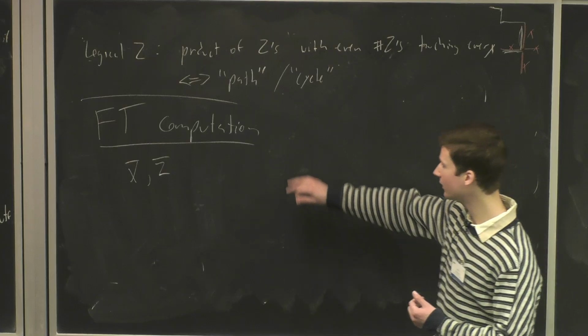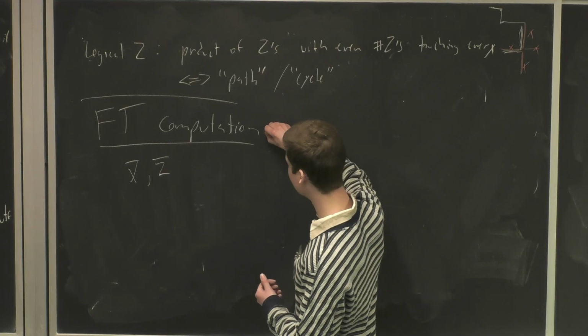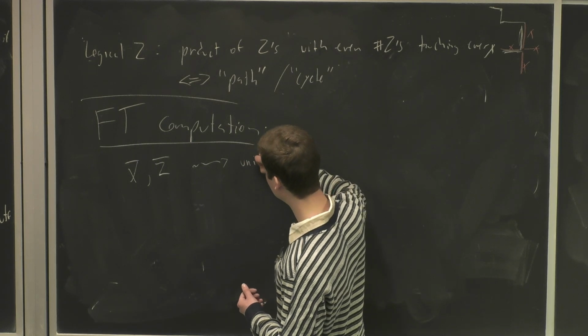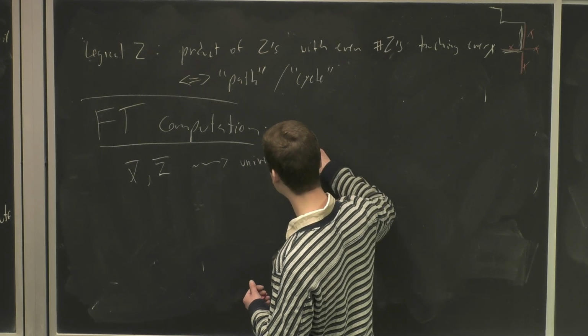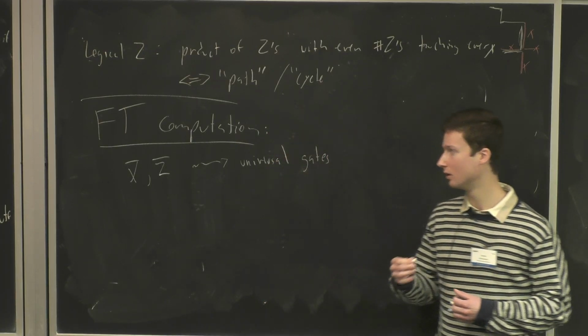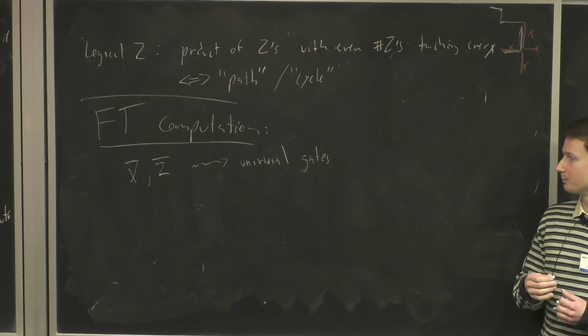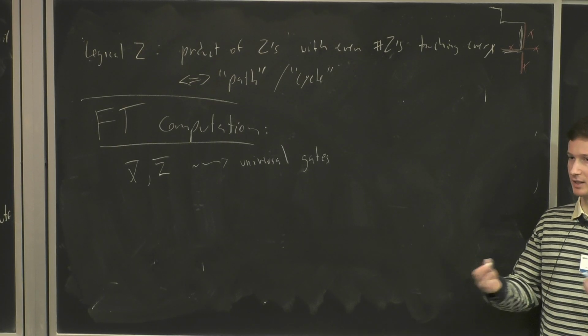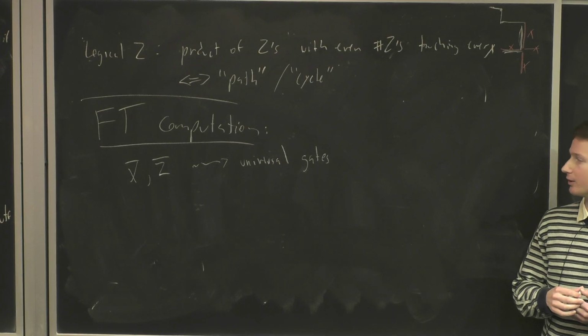And the study of fault-tolerant computation takes this to an extreme, where we want to do arbitrary, universal gates or universal computation on our encoded quantum state without ever needing to decode and expose our qubits to errors.